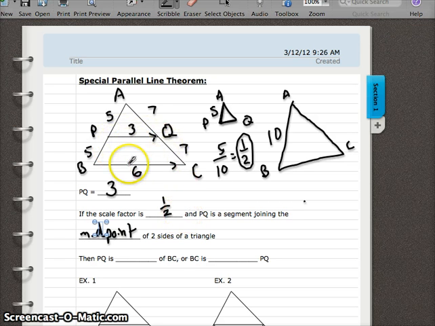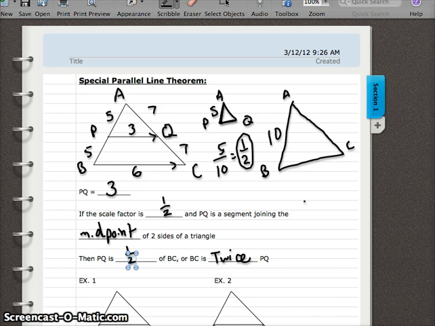And if PQ is parallel to BC, if this middle line is always parallel to the outside line, then this relationship is always going to be true. The outer line is always going to be twice the length of the inside, or we can think about it the opposite way: the inside is always going to be half of the outside.